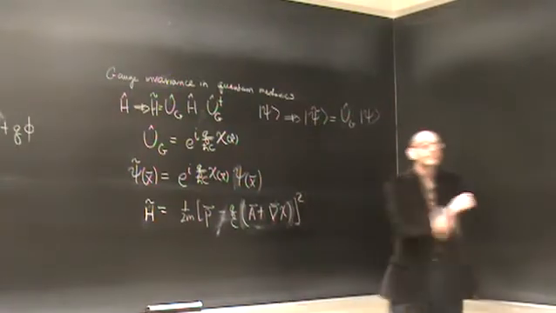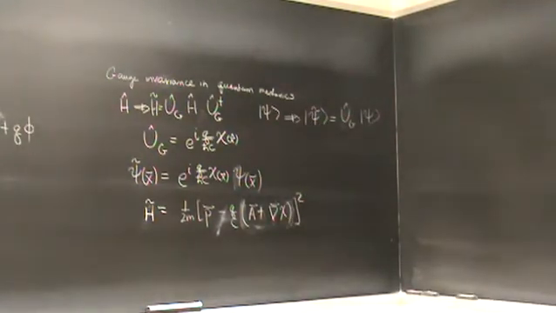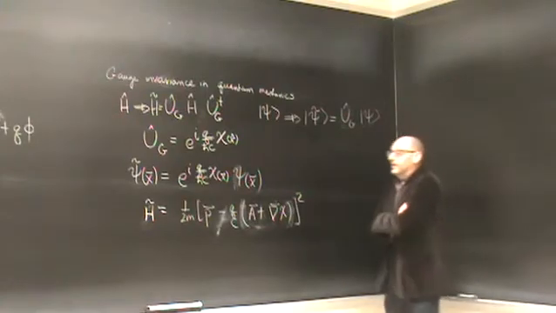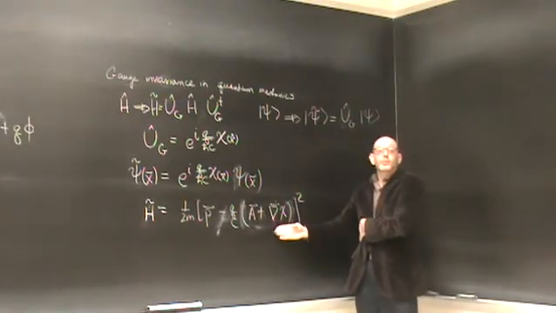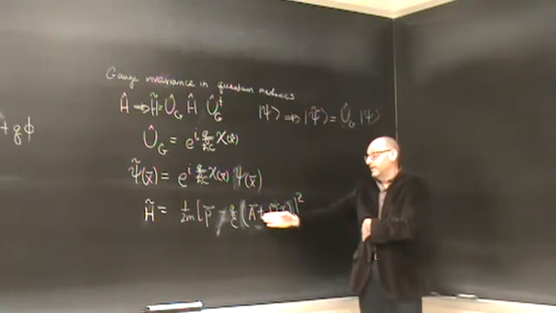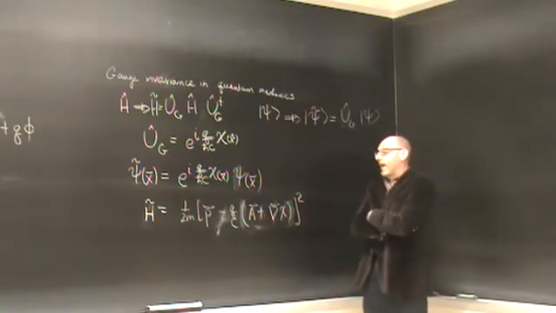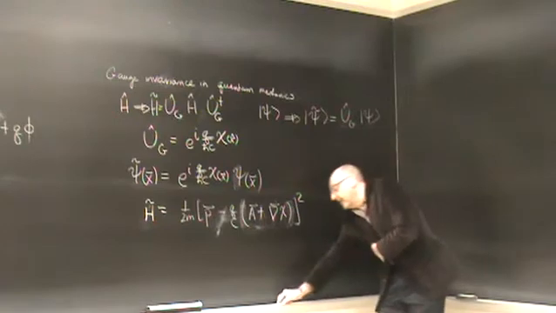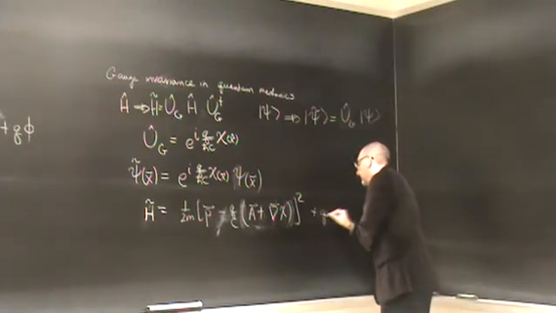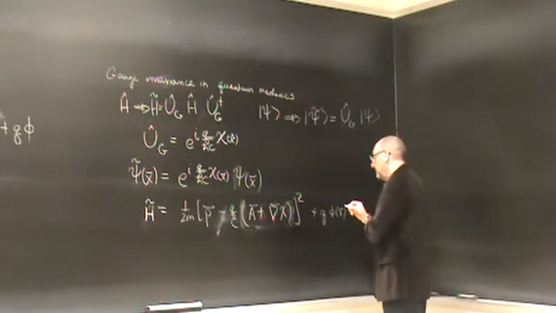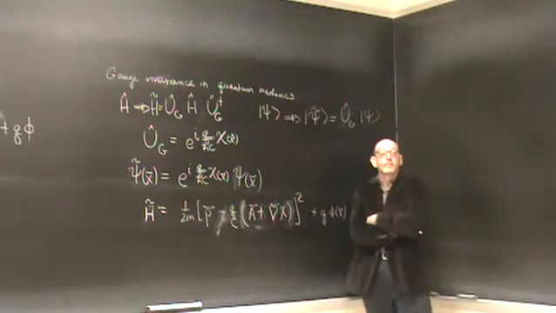Under that transformation, the Hamiltonian does what we want. It is now a Hamiltonian with a new vector potential. It doesn't do anything to the scalar potential for the way we're writing our gauge transformations at the moment.